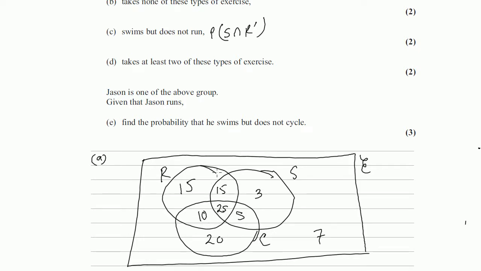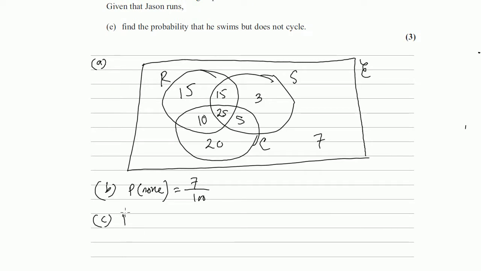They do not mention anything about cycling or not, so that just means out of the circle remove the run portion. So there are 8 people who swim. So the probability of swim but not run. It's a good idea to write this out at least in words, so that the person who's checking your paper understands what you're doing.